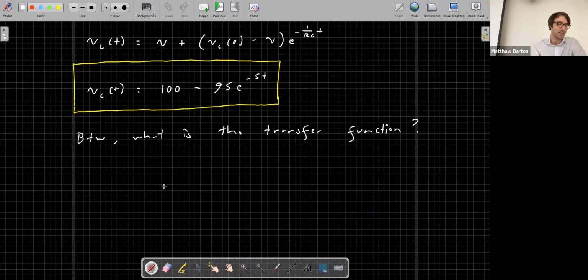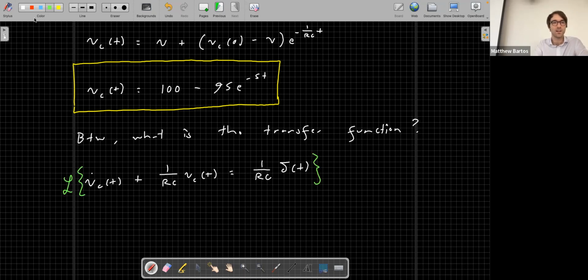So let's say we have our system, v dot c of t plus 1 over RC times Vc of t is equal to 1 over RC times u of t. If we let this u of t be the Dirac delta, and we take the Laplace transform, this gives us our impulse response.